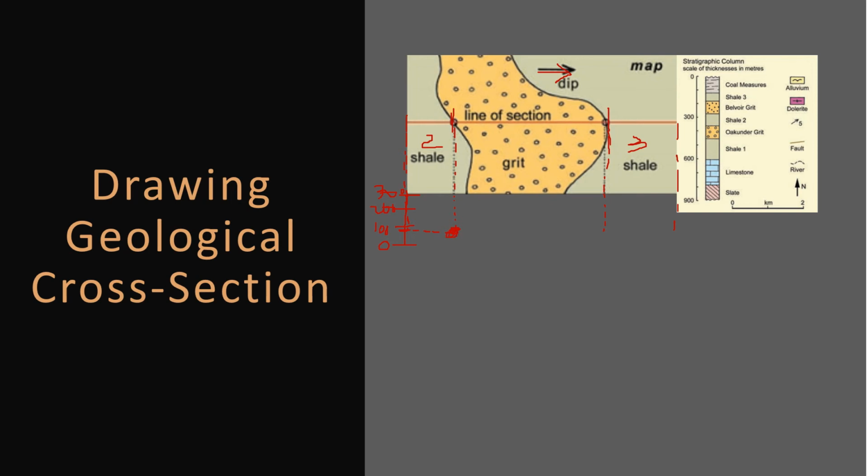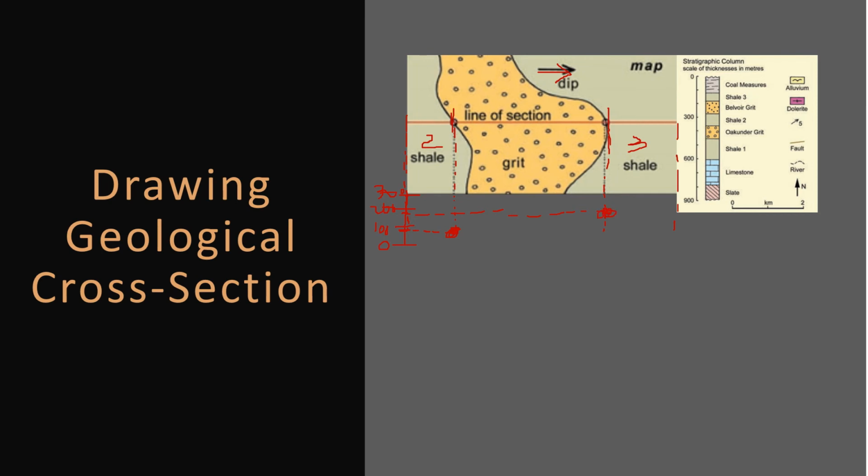The second one is the Belvoir grit. I estimate it as 100 meters with respect to shale 2, up to here. If I reflect that through here, this is the point where they intersect.